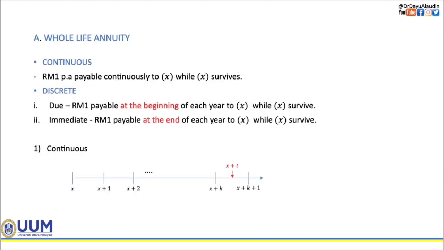First we will look at the whole life annuity. We have two types of whole life annuities, the continuous case or the discrete case. For continuous, RM1 per annum is payable continuously to X while X survives.